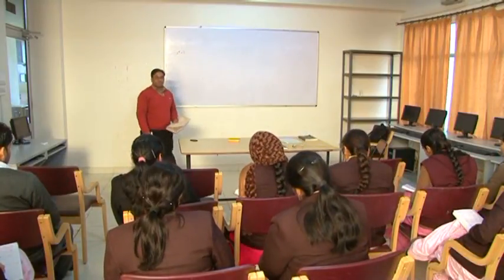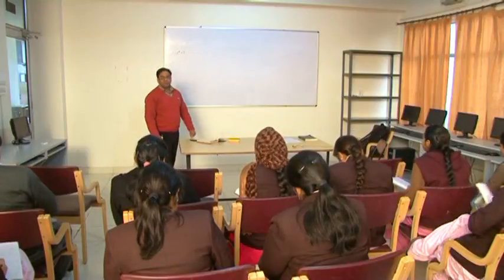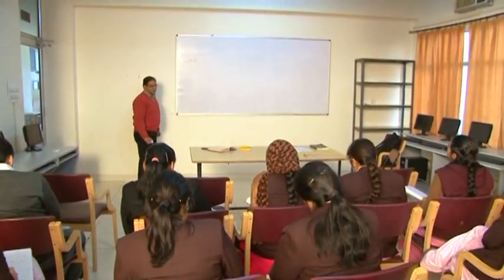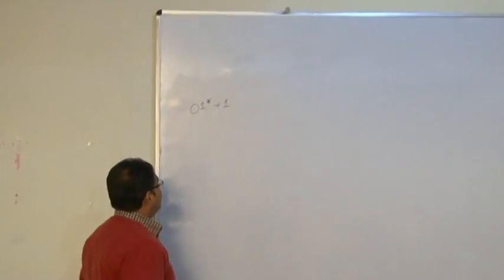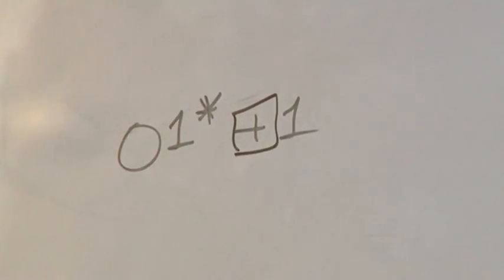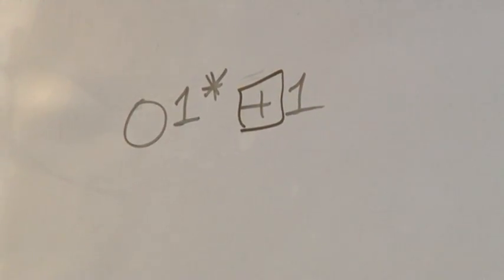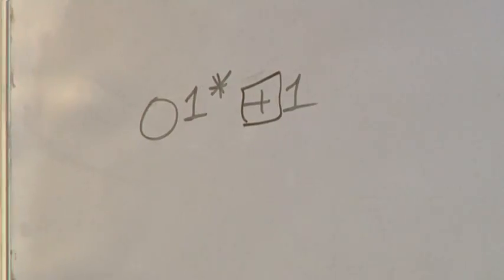So this is the regular expression given to us, and we are converting it into a finite automaton. First of all, this seems to be the symbol of union.